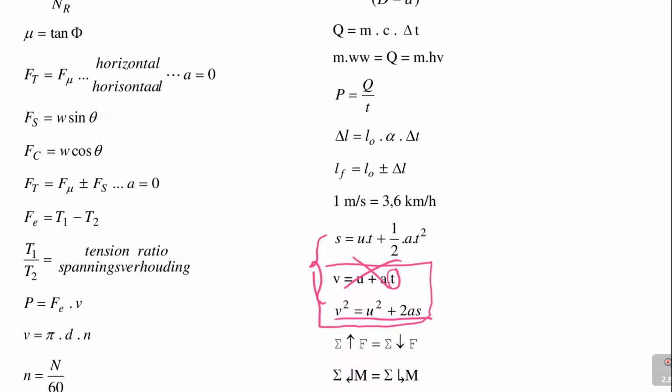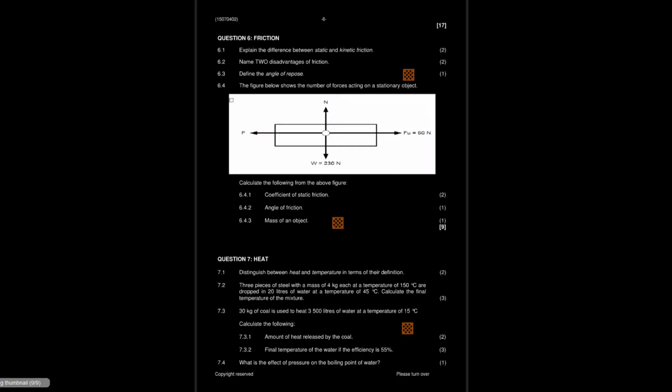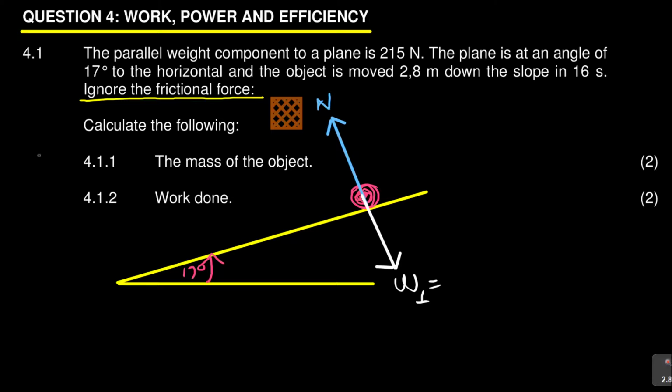Look at this. They give you this Fs and Fc. F for sine, F for cos, but this is F parallel, this is F perpendicular. So the F perpendicular there is W cos theta. So if I come here, since they used F, I'll also say here, you can call it FC, but I like to call it F perpendicular, which is W cos theta, but theta there is 17.